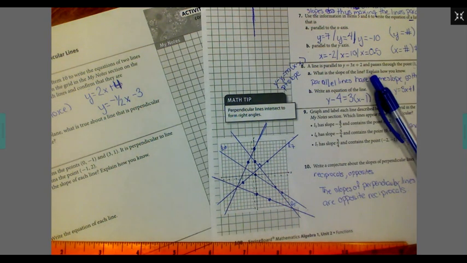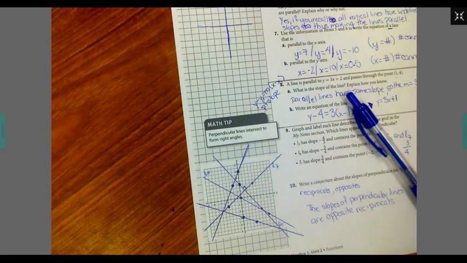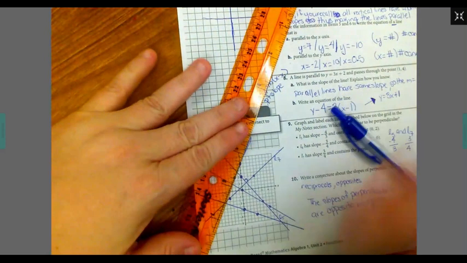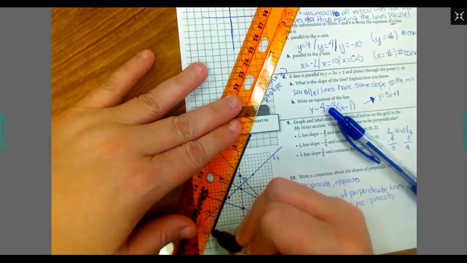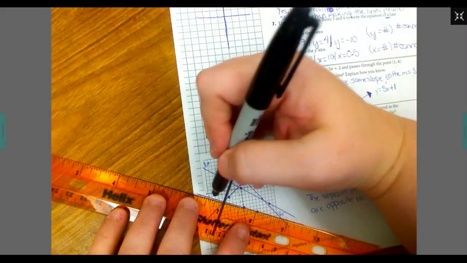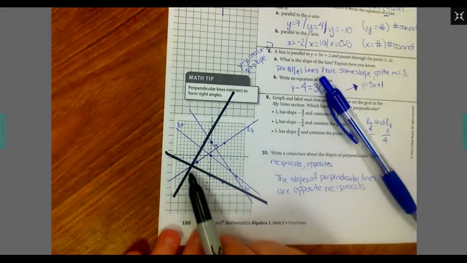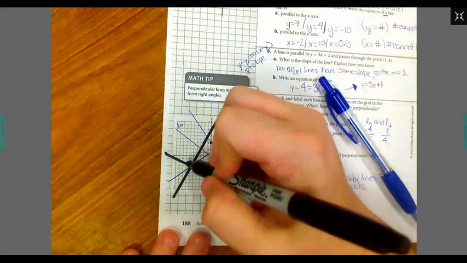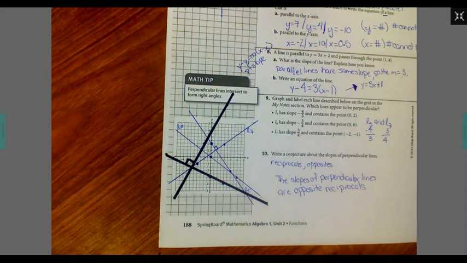Let me go over this line with a marker so we can see which two lines I'm referring to here. That would be this line and this line. Does this look to be like a right angle? Yes, that looks to indeed be a right angle.